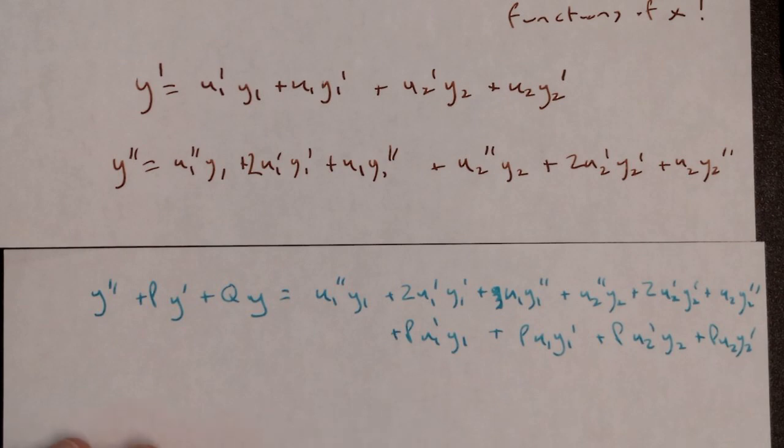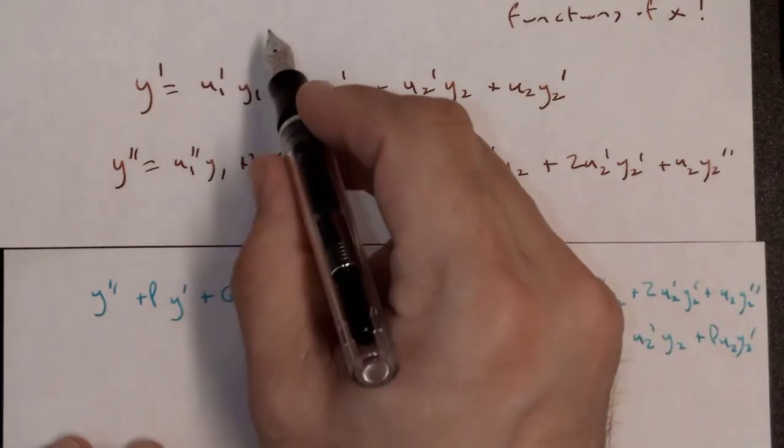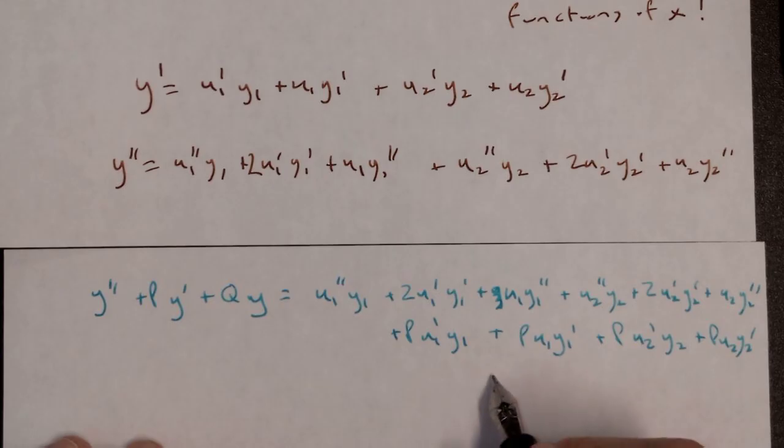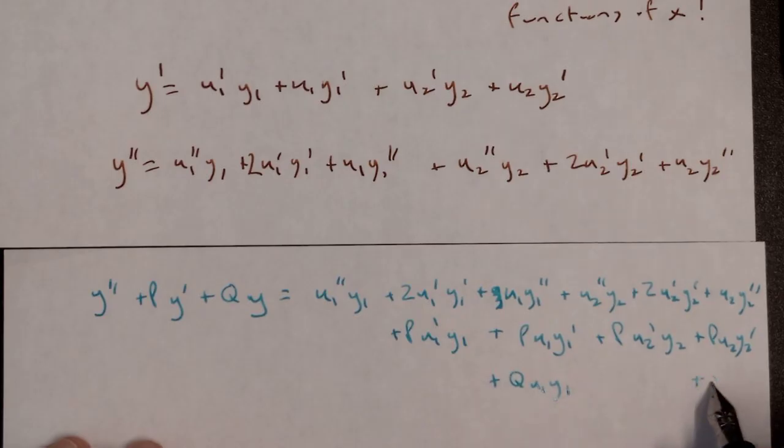Q has a u1 y1. Oh, right, because it's just Q times y. Q times u1 y1 and Q times u2 y2. There, it did line up. What do you mean it lined up?